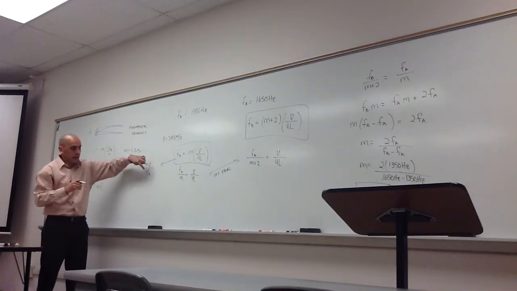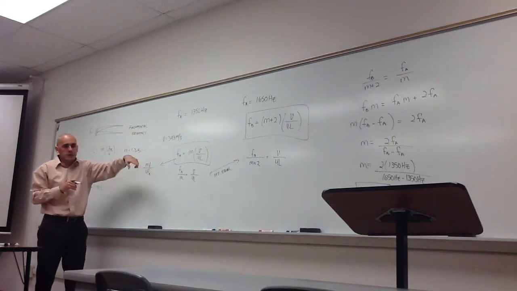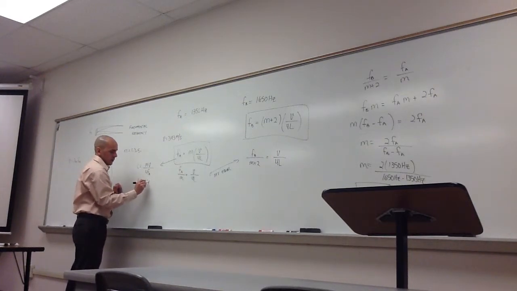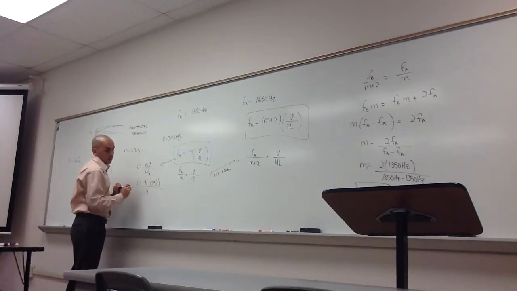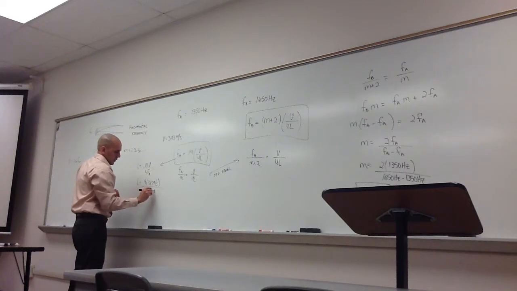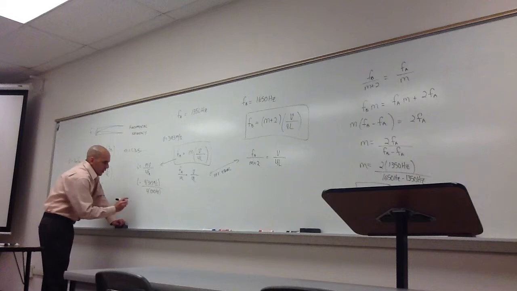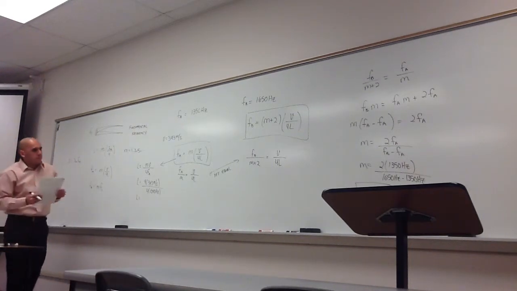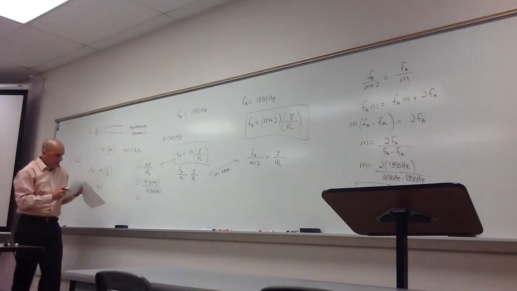But we just learned that FA goes with the ninth harmonic. So this M is 9 times 343 over 4 times the frequency here for A, which is 1350. And then we'll get some length here, 0.572.